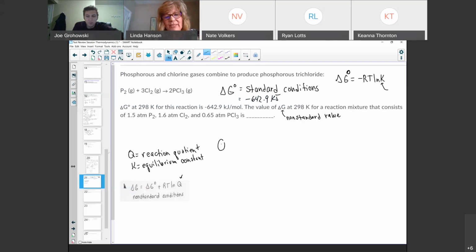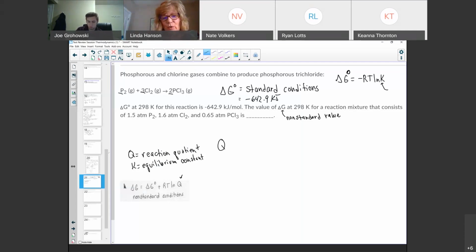The reaction quotient is solved the exact same way as the equilibrium constant, where we take the concentrations of the products over reactants and raise them to the power of the coefficients. They are stoichiometrically dependent, which is just a fancy way of saying we need to consider those coefficients when we write out the equilibrium expression.